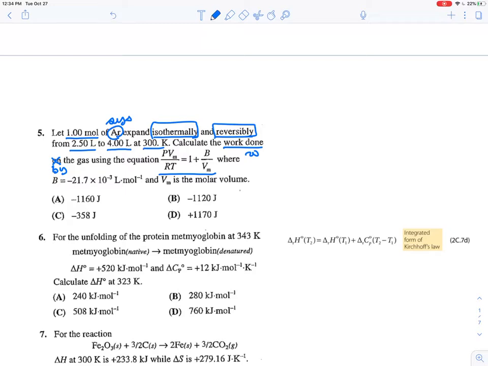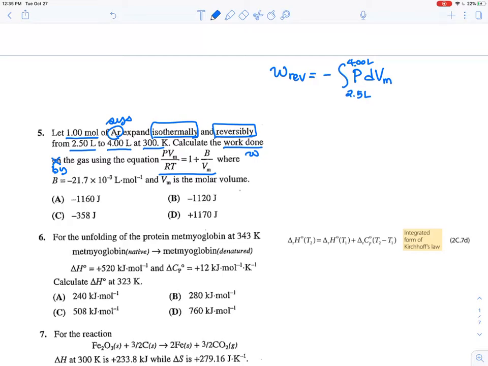And then work reversible is minus P dV. Because it's a molar volume, I will just call it dVm. We are talking about 2.5 liters to 4.00 liters, and you have to integrate the pressure over here, right?